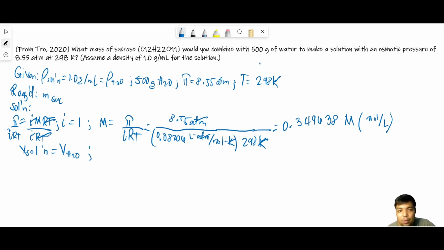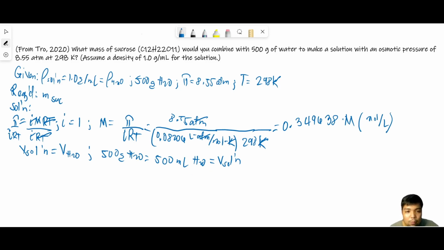So we need to convert this 500 grams of water to milliliters using its density. Since the density is 1 gram per ml, 500 grams of your water is also equal to 500 milliliters of water, and that is also the volume of your solution, which is 500 milliliters.